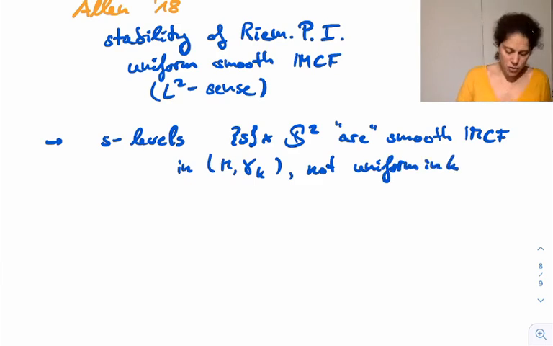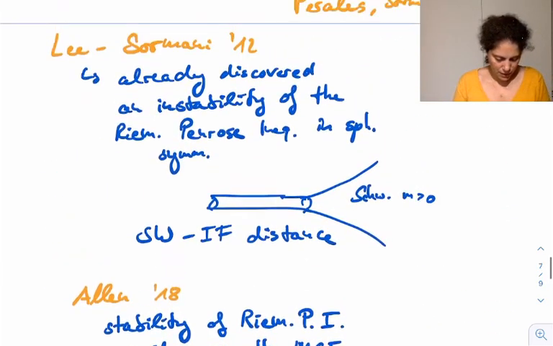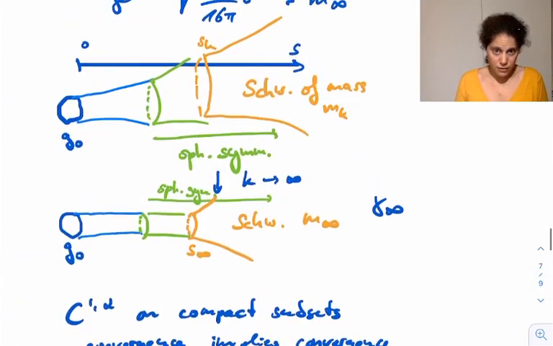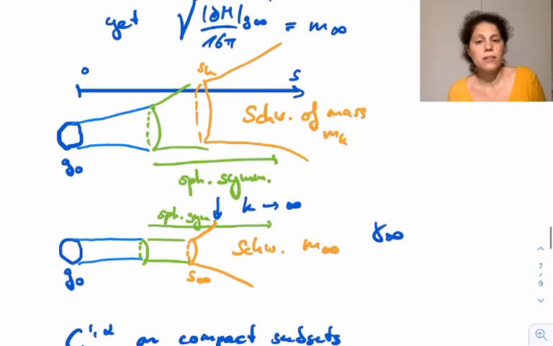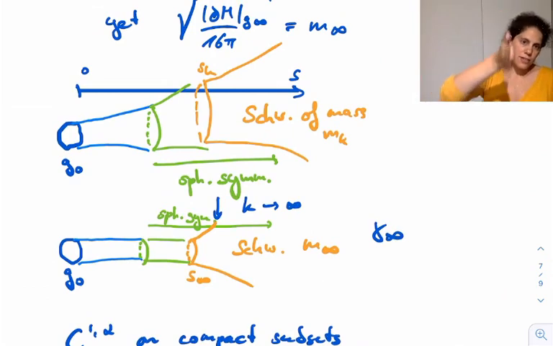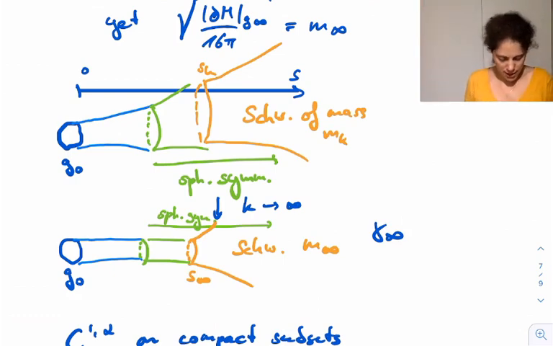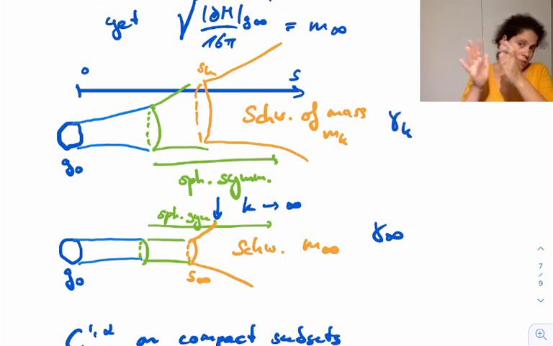And why not? I can show best in the picture. So we go back into the picture of our converging members of the sequence. Then all these S cross sections, which look vertical more or less in my picture, are leaves of a smooth inverse mean curvature flow in the metric gamma k depicted here. And they have some mean curvature.